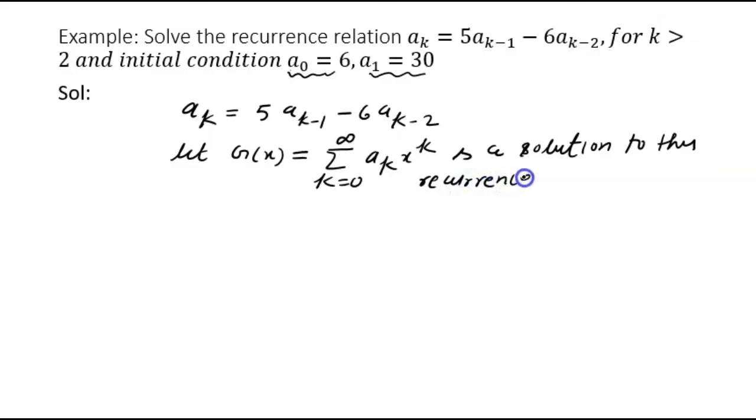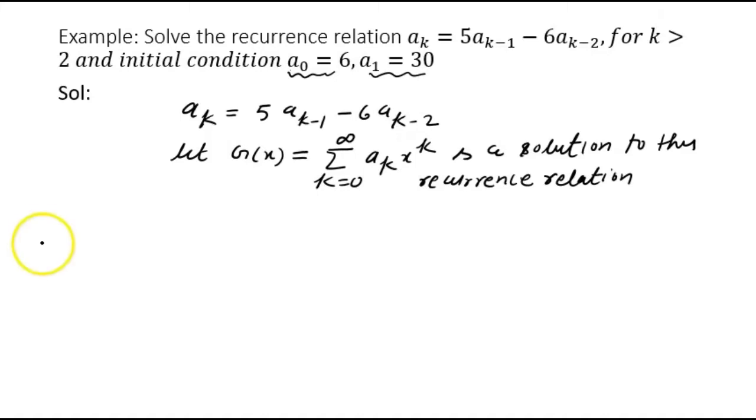Now I hope you are clear about the fact that the solution of a recurrence relation is basically a sequence, and a generating function is just another way of representing the sequence. So if I am taking g(x) as the solution, basically I am taking its corresponding sequence a_k, which is the solution of this recurrence relation.